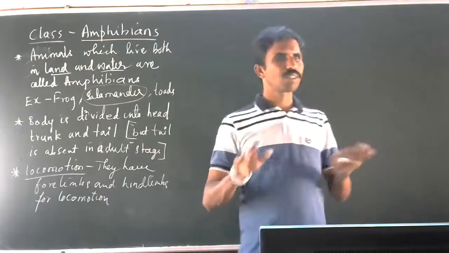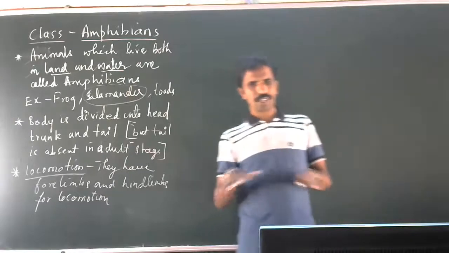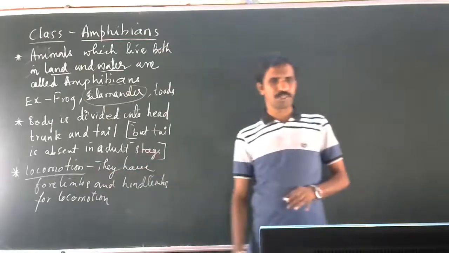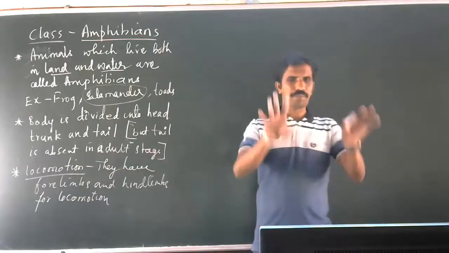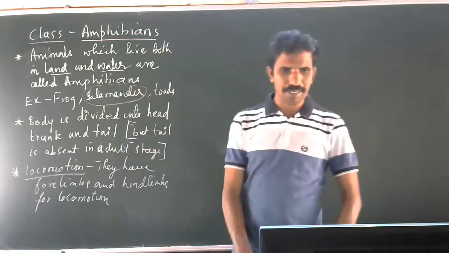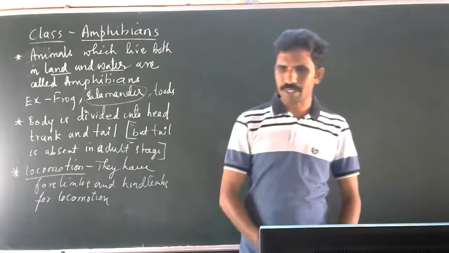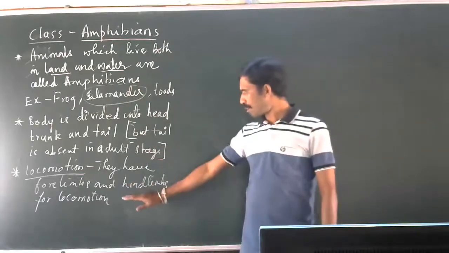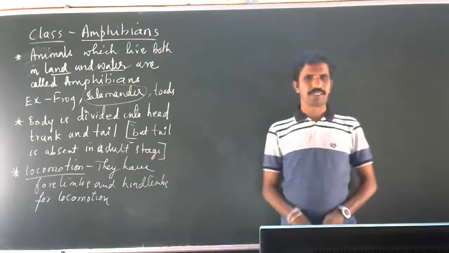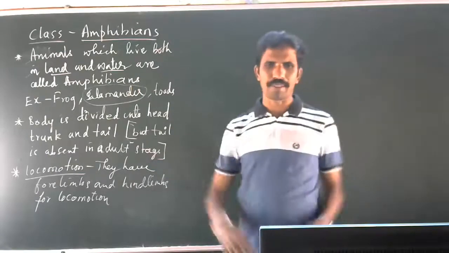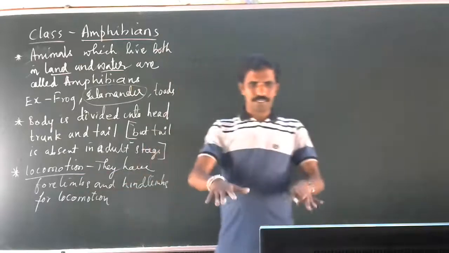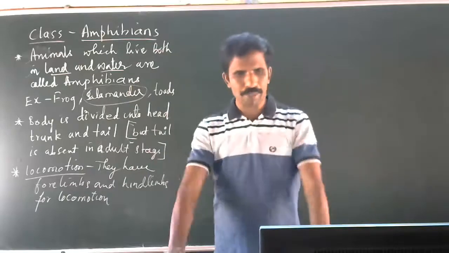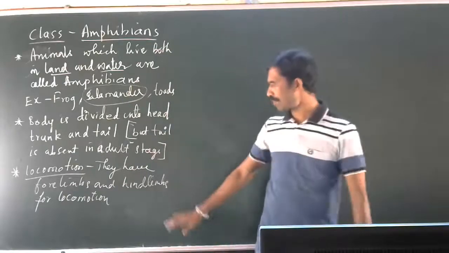Usually the forelimbs are shorter and the hind limbs are longer. The hind limbs help in leaping, jumping. They take a long leap. All the strength is put by the hind limbs; with the help of hind limbs they pressurize and they jump. And the forelimbs help in landing. When they jump, they have to land, and they land with the help of the forelimbs.